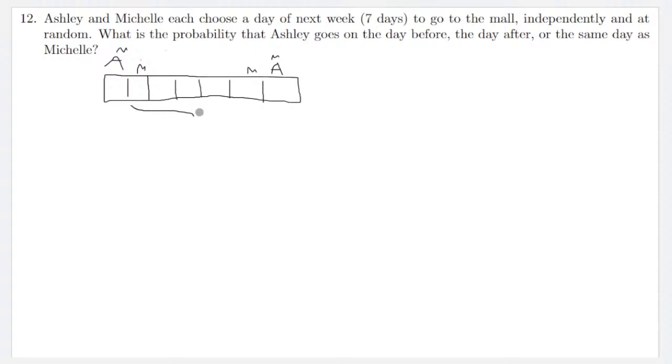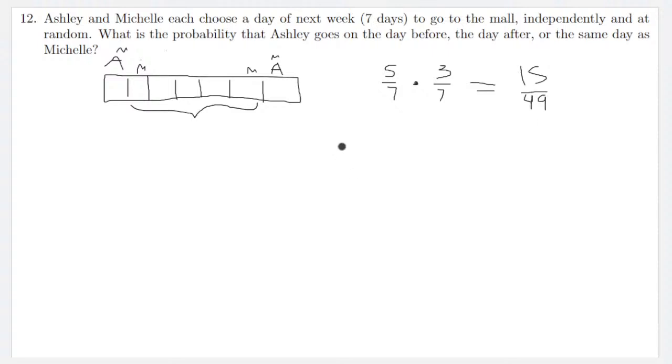Let's say she goes to one of these days, 5 out of 7. Well, Michelle will have 3 options, right? Because there's no boundary to cut off the week. So Michelle will have a 3/7 chance of being consecutive or on the same day. And so this case gives us 15 over 49.